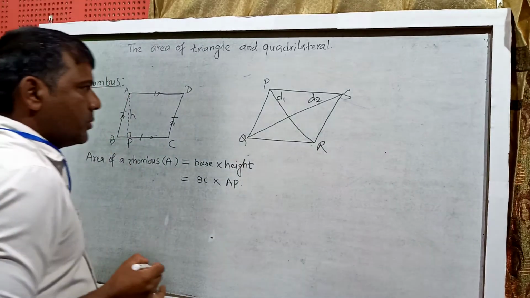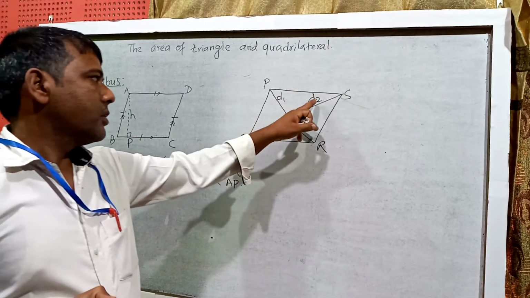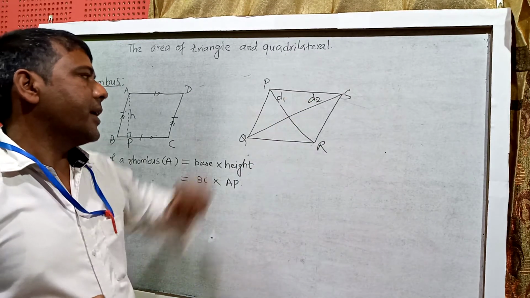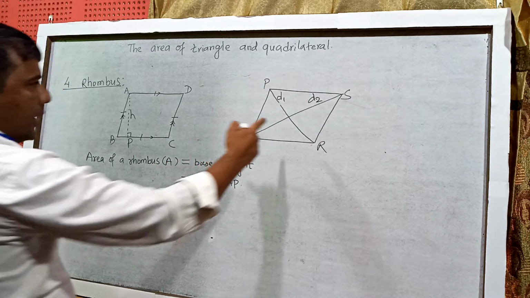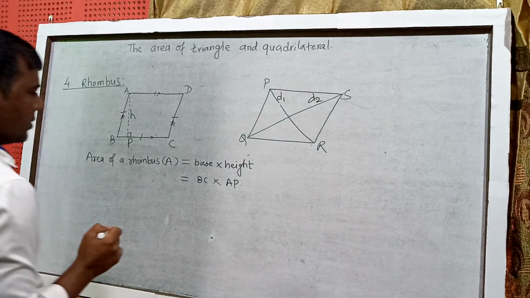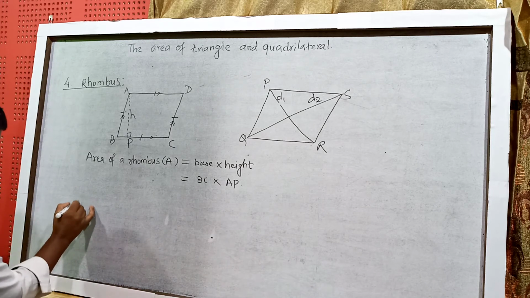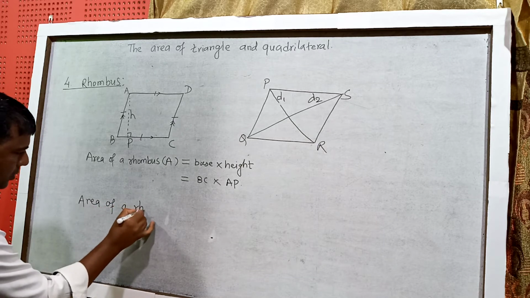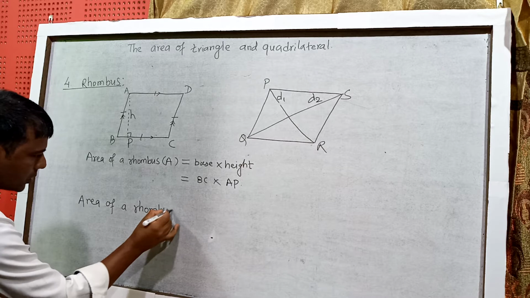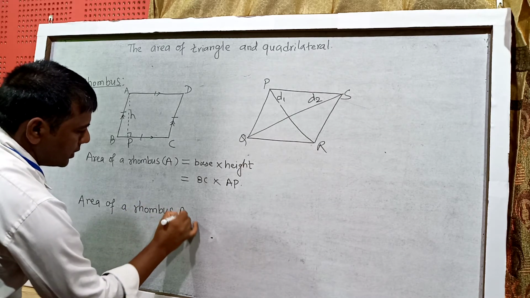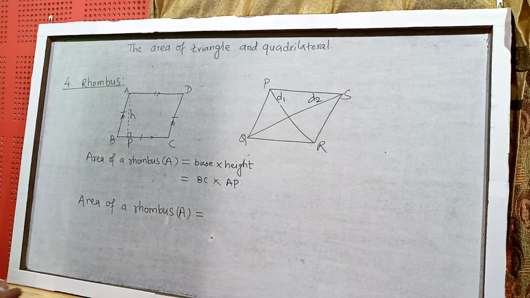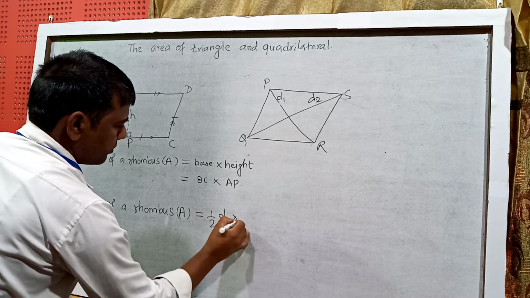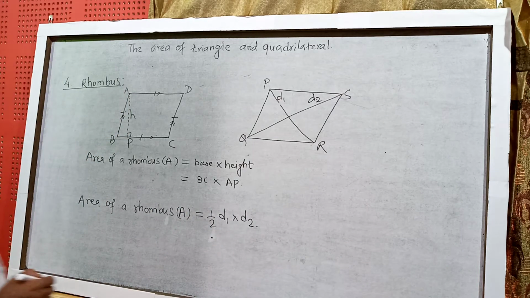Suppose the next diagonal is D2. D1 and D2, first diagonal and second diagonal. Then the area of this rhombus, A equals half D1 into D2, first diagonal into second diagonal.